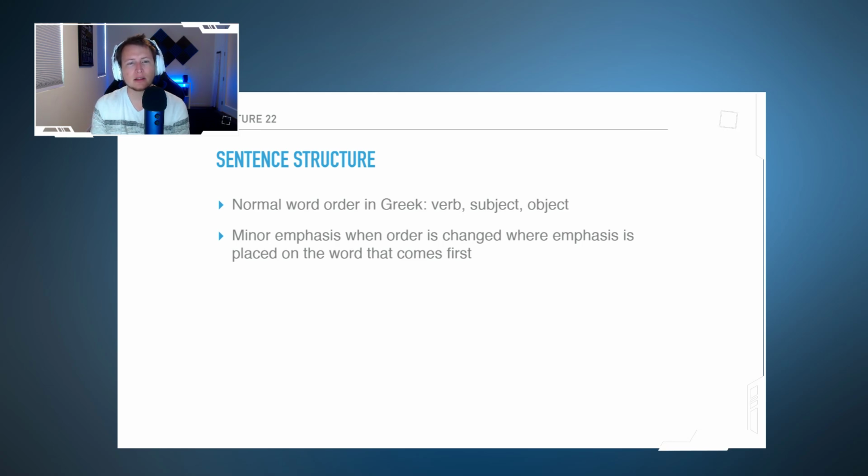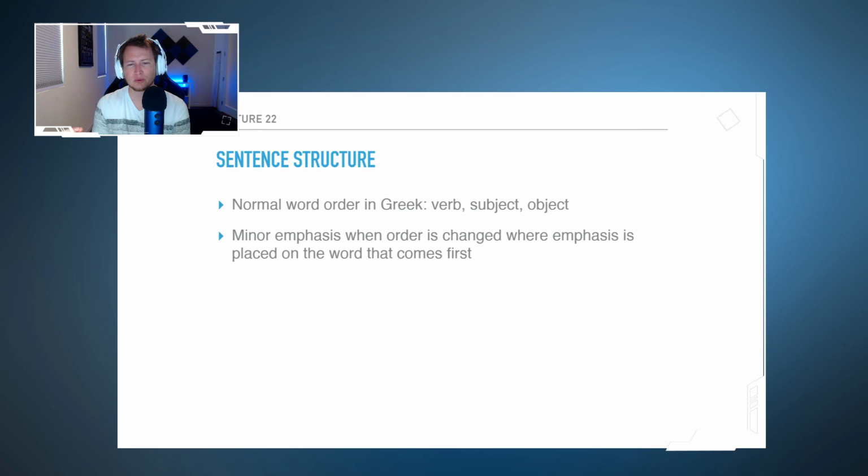But it does follow a normal word order: verb, subject, object. This is just like Hebrew. VSO. Verb, subject, object. Say it with me. Verb, subject, object. Typically, the verb comes first, the subject comes second, the object comes third.